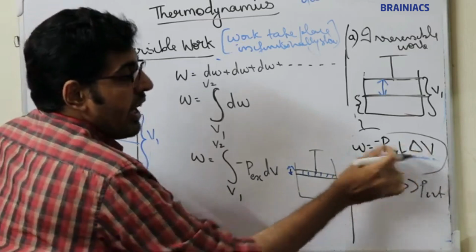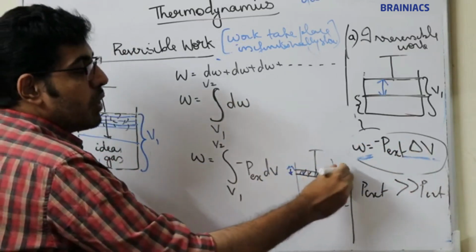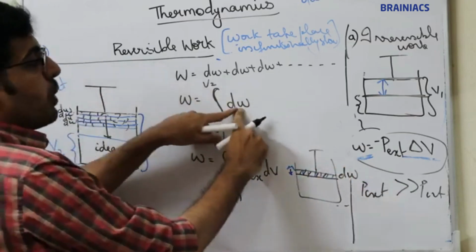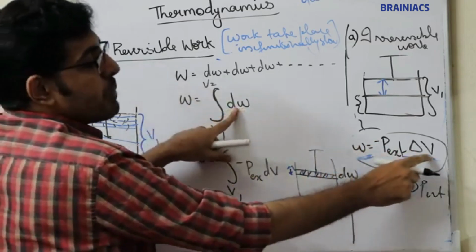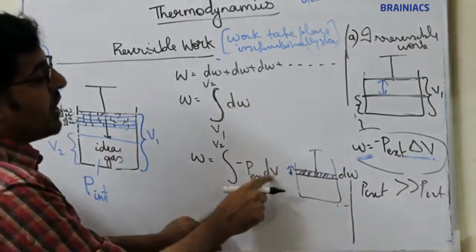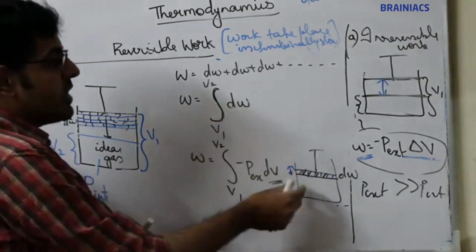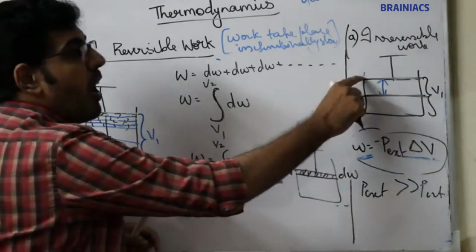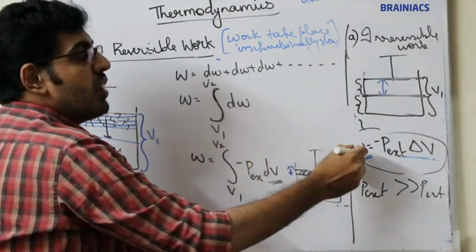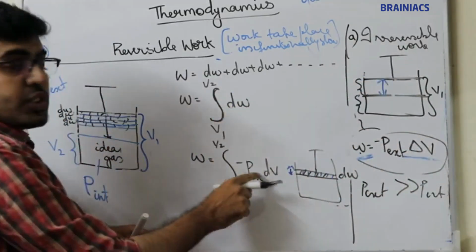So instead of W it is dW. Work done in this step is dW, right? So dW is equal to minus P external into dV. For small work there is a small change in volume. For large work, large change in volume.